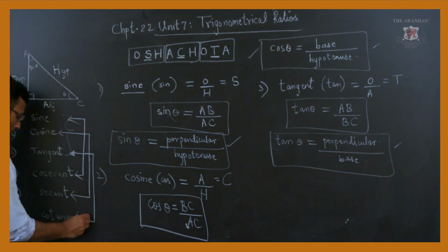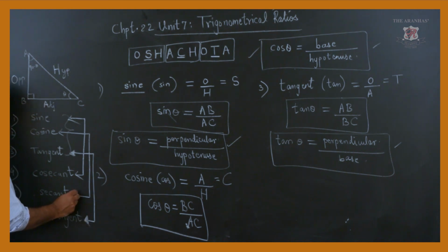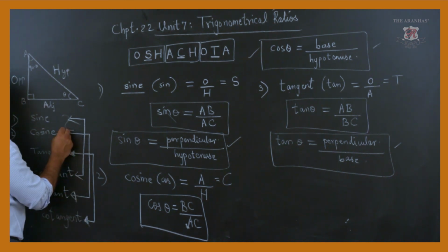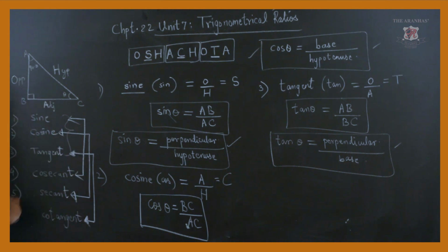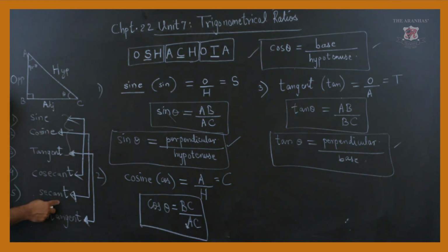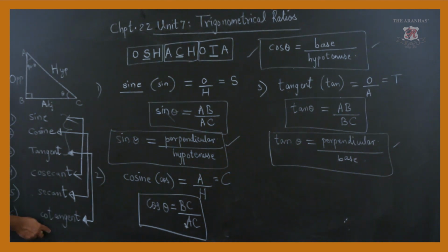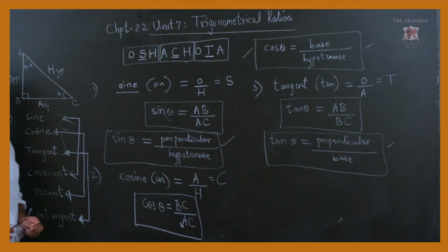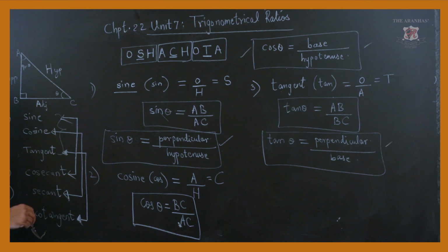I will show by different types of arrowheads, so that it becomes easier for you to remember and to avoid confusion. If you see, all the arrowheads are different. So, easily you can match now. Sine matches with cosecant, cosine matches with secant, tangent matches with cotangent. They all are reciprocal of each other.